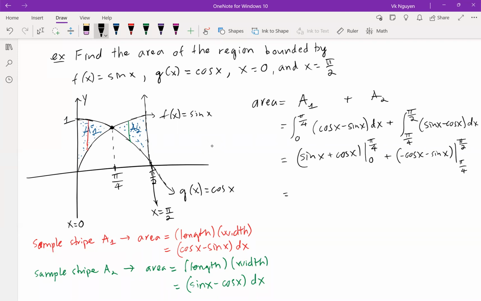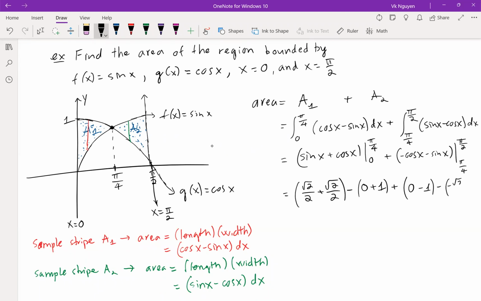And carefully do the substitution. We have root 2 over 2 plus root 2 over 2 minus 0. Cosine of 0 is 1, plus cosine pi over 2 is 0. Sine pi over 2 is 1. And cosine pi over 4 is root 2 over 2.